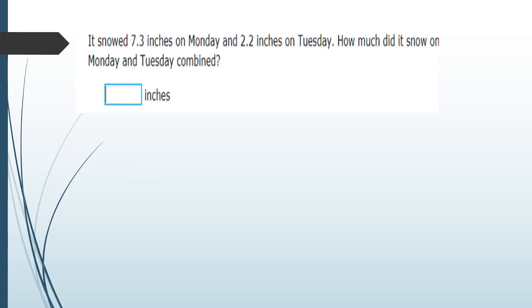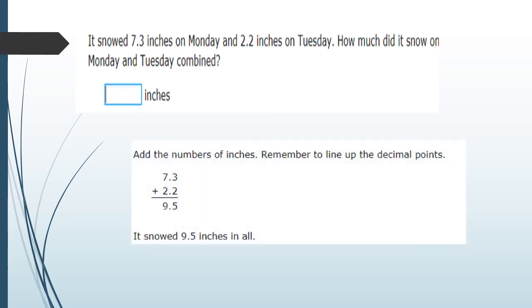Good job. We want to add 7.3 and 2.2. Line up these numbers, put the decimal point below the decimal point, start adding from the right side. 3 plus 2, then 7 plus 2. The answer will be 9.5 inches in all.